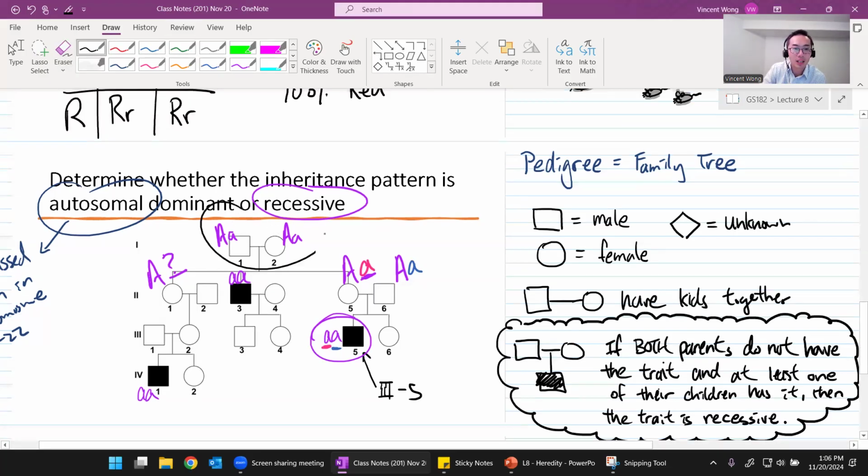You're asking could they be big A, small a and then small a? No, that's not possible, because if one of the parents is small a, we would see her shaded in, but she's not shaded. So that's why it's not possible.